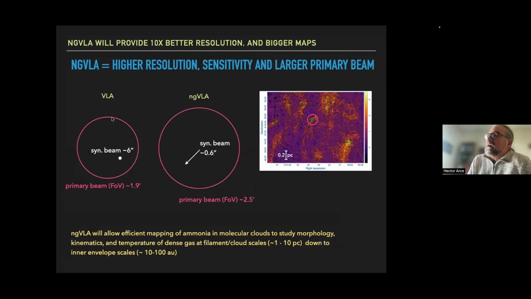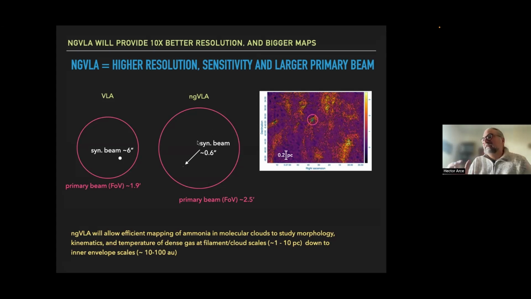And as a comparison, the ammonia map that I showed before had a beam of around 6 arcseconds, as shown here in this white dot. Each pointing with the VLA had a field of view of 1.9 arcminutes.